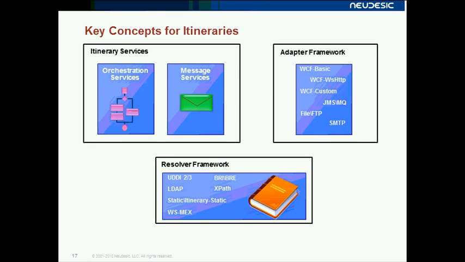And then the resolver framework, where that comes into play, we did discuss a little bit what certain resolvers exist and what technologies they can use, but really the resolver exists to provide information to the itinerary services at runtime so they can complete their work. A good example of that is if we have a transformation step or messaging service, the key information I'm going to need is the actual map I'm going to use to execute against the message.